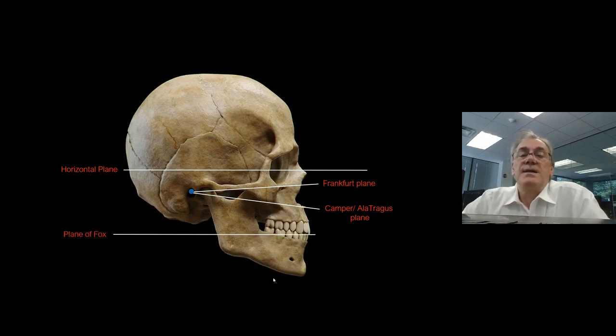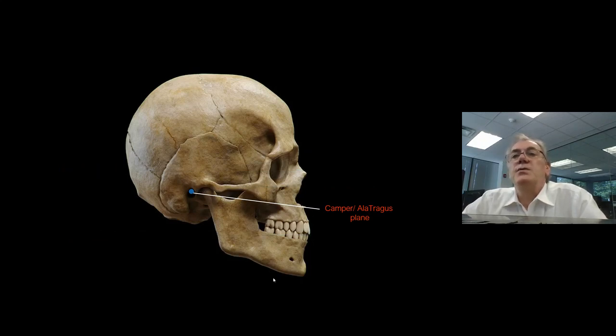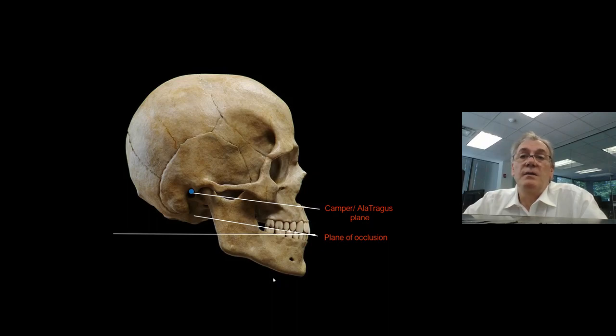The plane of Fox is the plane of the horizon. It's a plane that runs parallel to the horizon. So the Camper and the ala tragus planes are the two planes that basically run parallel to the plane of occlusion. And when intersecting the horizontal plane, the plane of occlusion forms an angle or a pitch.